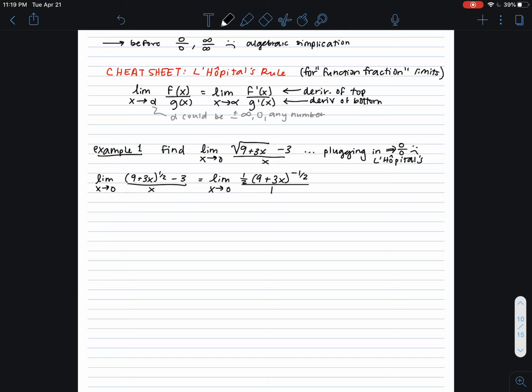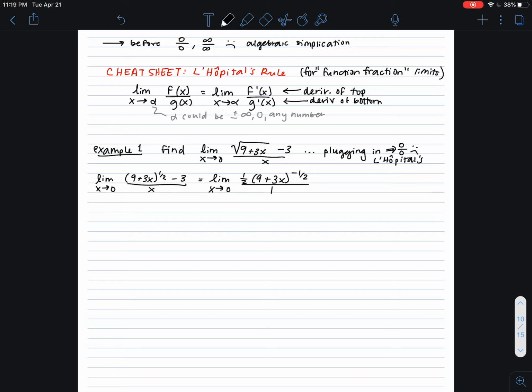So now if we plug in, we're going to get 1/2 times 9 plus 0 to the negative 1/2, which is equal to, oh, I'm missing something, guys. I forgot to use the chain rule.